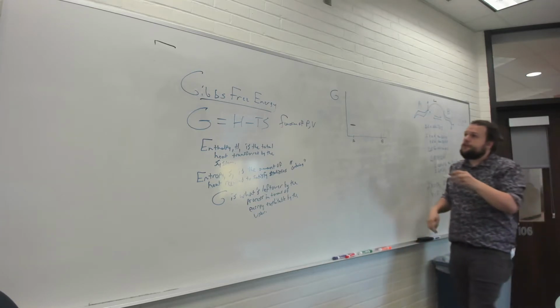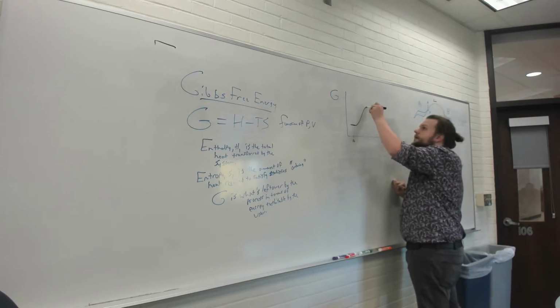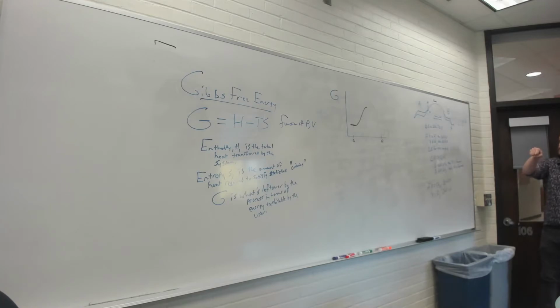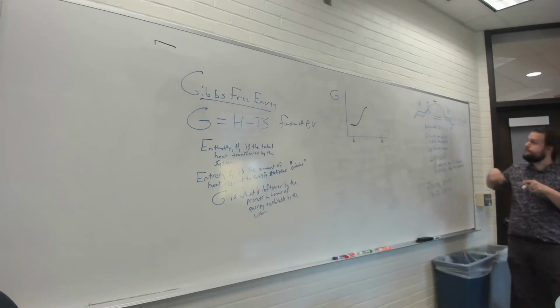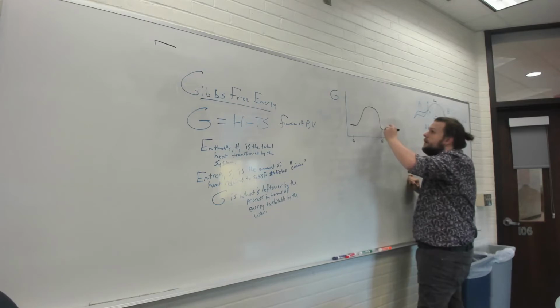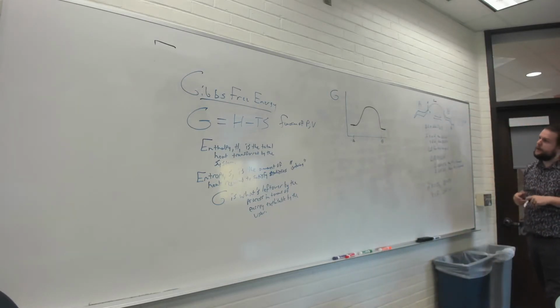And so that means the energy is going to rise. And then eventually it's going to hit a middle ground, a middle point where the energy is maximum, and eventually it's going to come back down into here, like this. So the energy goes up, and then the energy comes back down again.